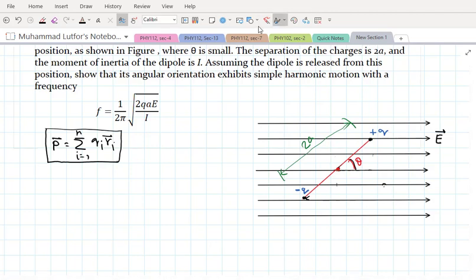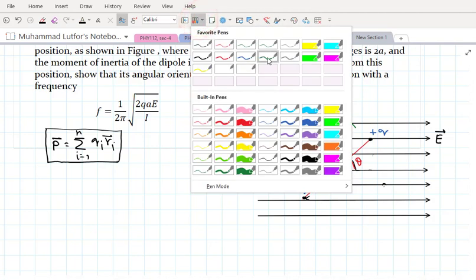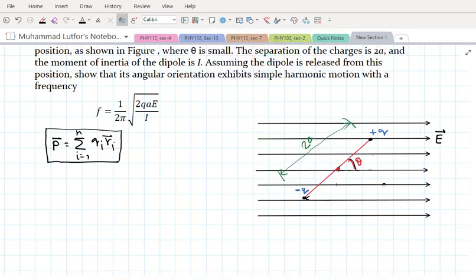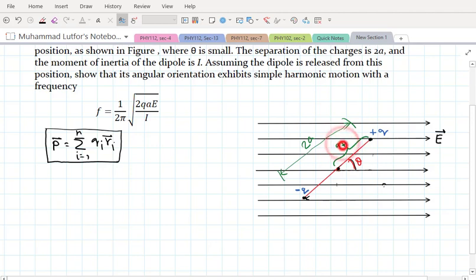I will label that distance. Let me choose a different color, and this would be my positive. Say the distance from the origin to the positive charge is a plus, and the distance from the origin to the negative charge is a minus.